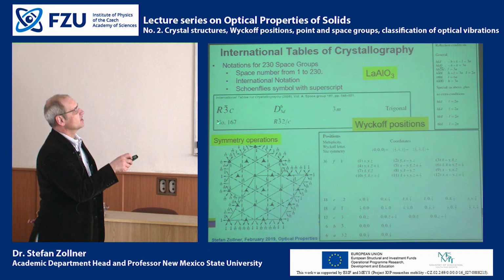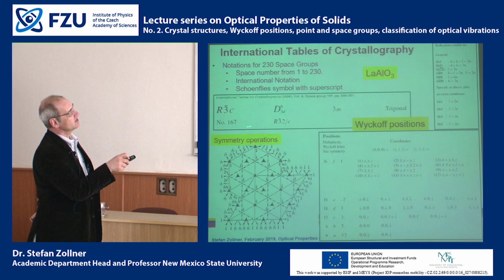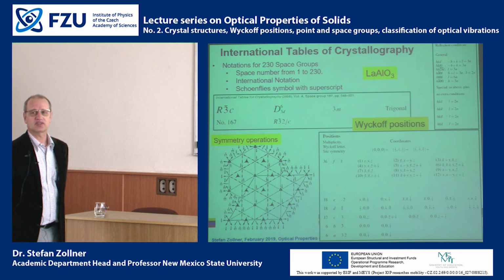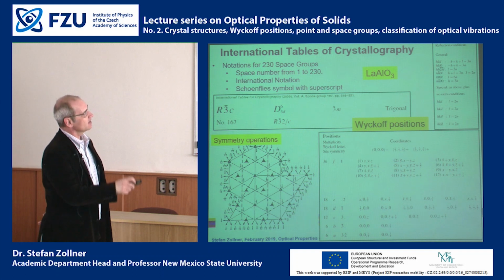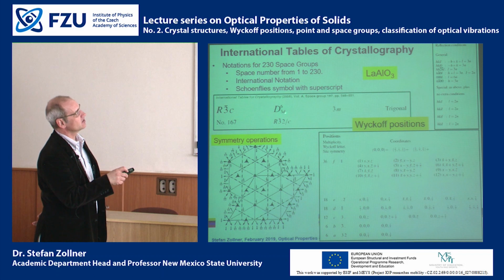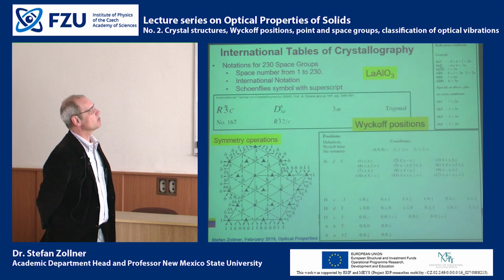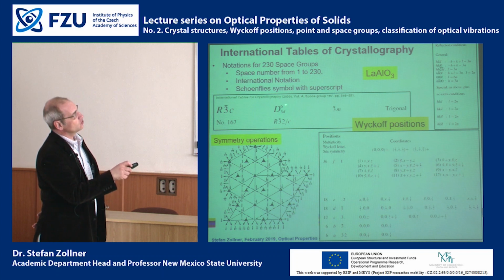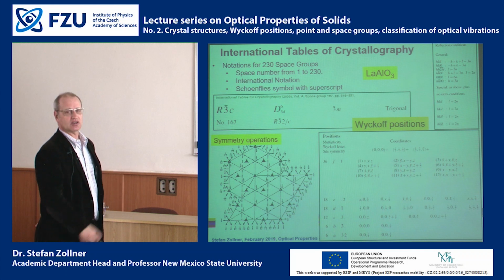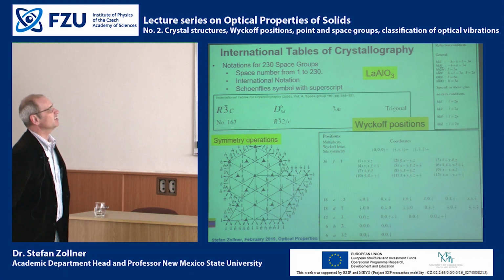For example, for space group 167, the point group is D3D, so it's a D group. I know that it has orthogonal rotational axes, a threefold axis, and a diagonal mirror plane. And then there's a superscript 6, so this is the 6th space group which belongs to the point group D3D.